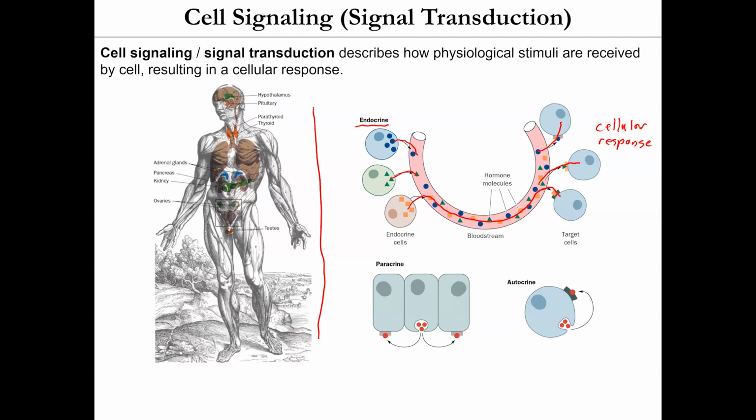But there's also paracrine signaling, where cells can change the behavior or the physiological state of neighboring cells, and autocrine signaling, where a cell can regulate itself through the release of small molecules. This is a pretty interesting topic, and we'll go over it in this course and learn a little more about how this process works.